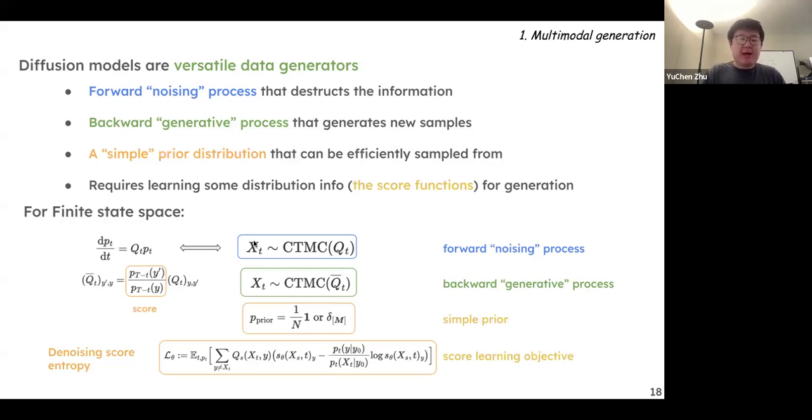What I mean by Xt distributed as CTMC Qt is that Xt follows a jump process given by this transition rate Qt, and its evolution, its continuity equation, is described by this simple ODE. Depending on how your Qt changes, the trajectory of Xt will stay at each state for a random time, then make a jump and stay there again for a random time. That's what I mean by a jump process.